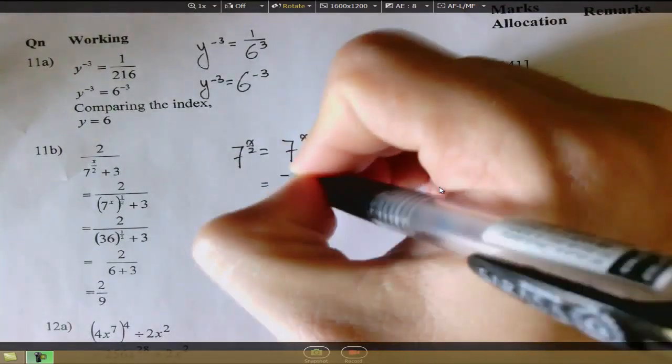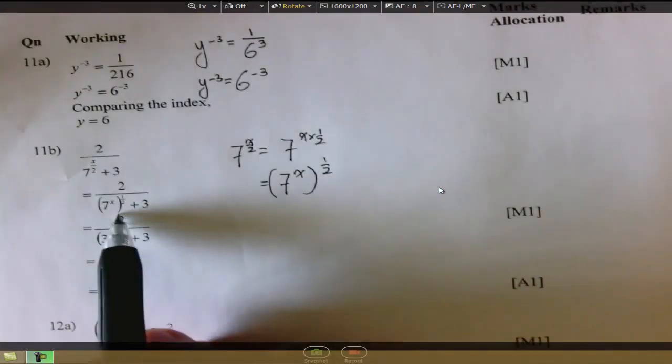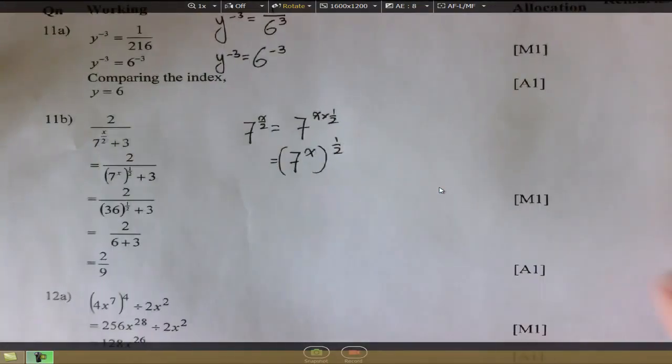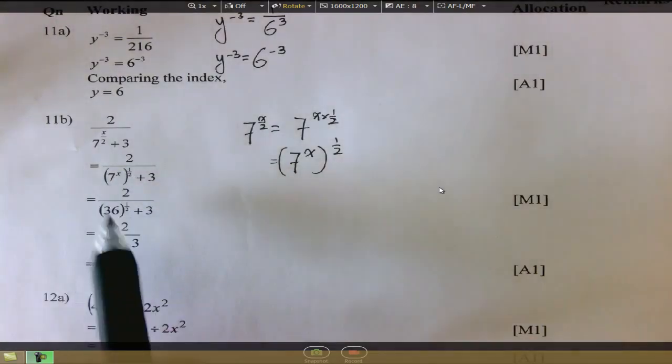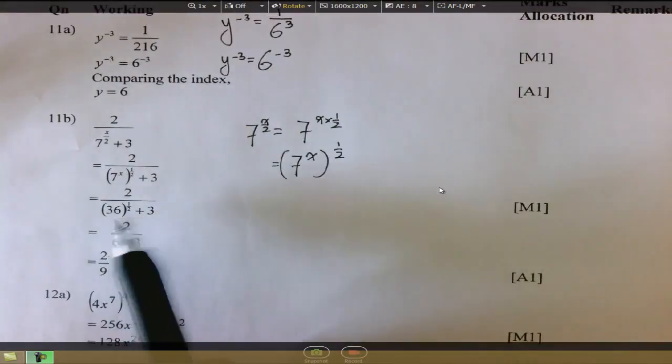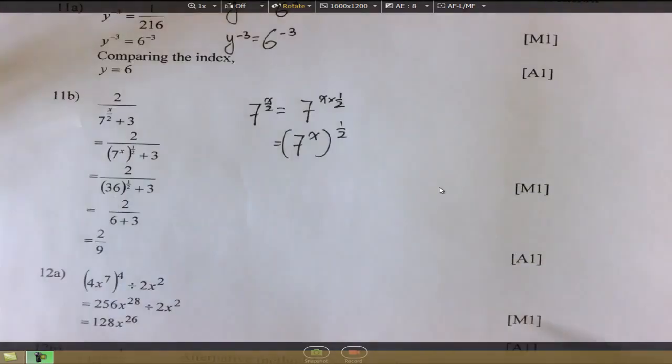Then we write it as 7 to the power of x, all to the power of half, plus 3. We know that 7 to the power of x equals 36, so we substitute here. 36 to the power of half is the square root, which is 6, plus 3. Hence you get 2 over 9 for question 11b.